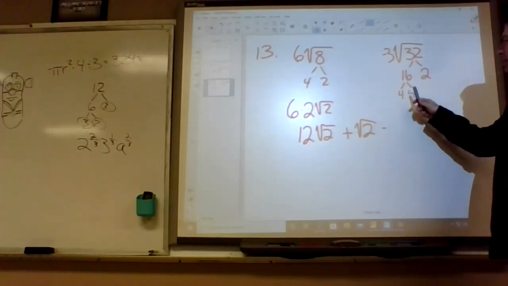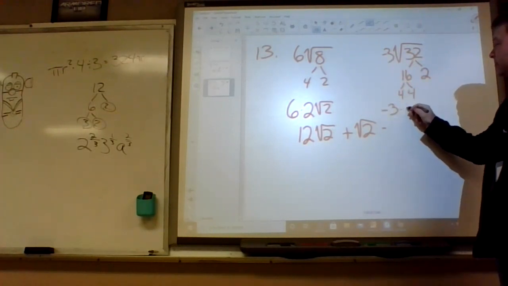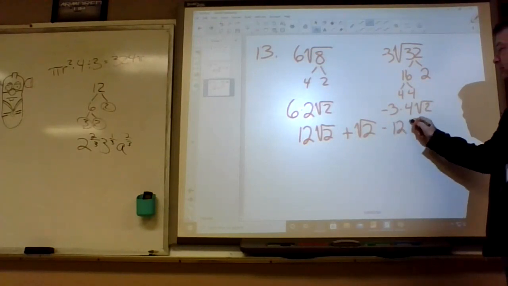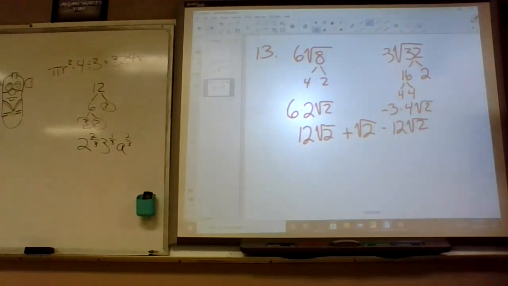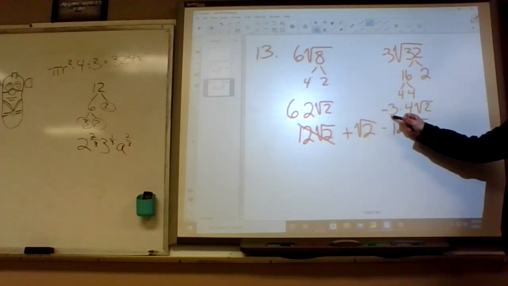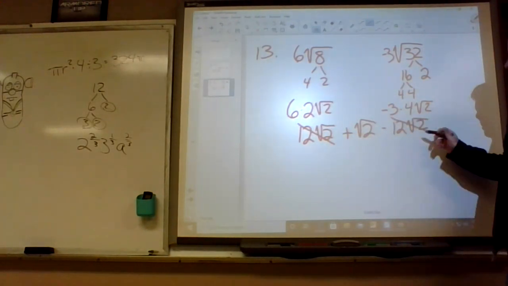So it's minus 3 times 4, negative 12 square root of 2. So does the whole thing just equal square root of 2? Yeah, the last term and the first term kind of cancel out, right? Positive 12 minus 12. So it is just square root of 2.